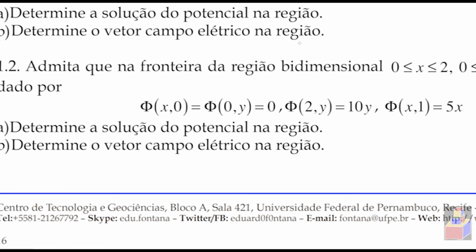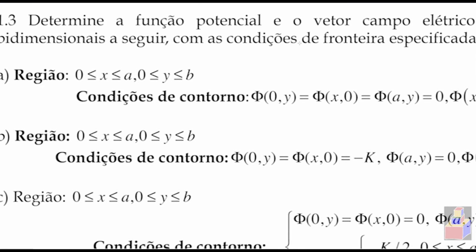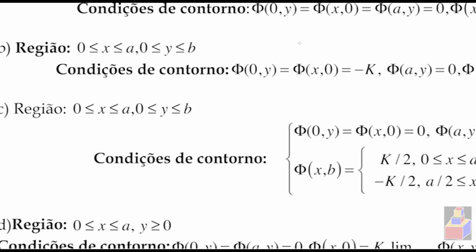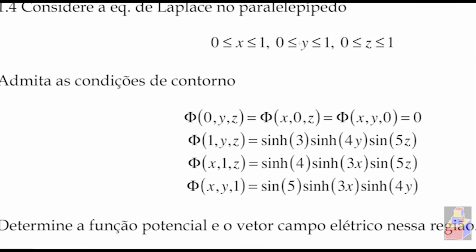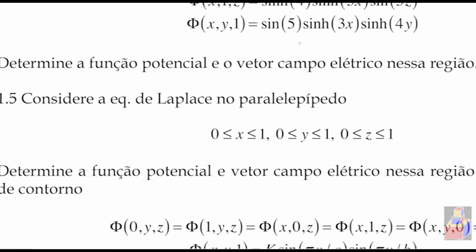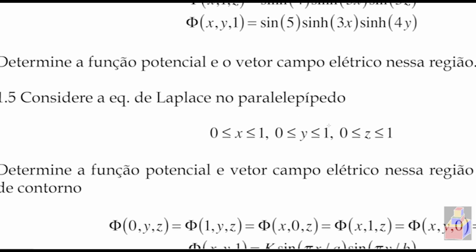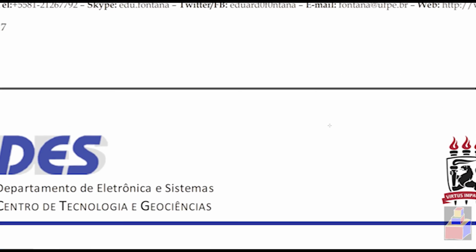There are a number of problems shown here: several boundary value problems in which we have to obtain a closed form solution, but all solutions always have a series of terms, so you have to find those series. In the second part, we're also going to solve the problem in a three-dimensional setting.